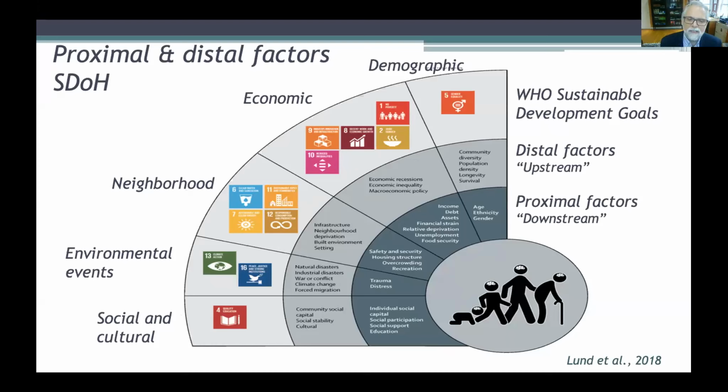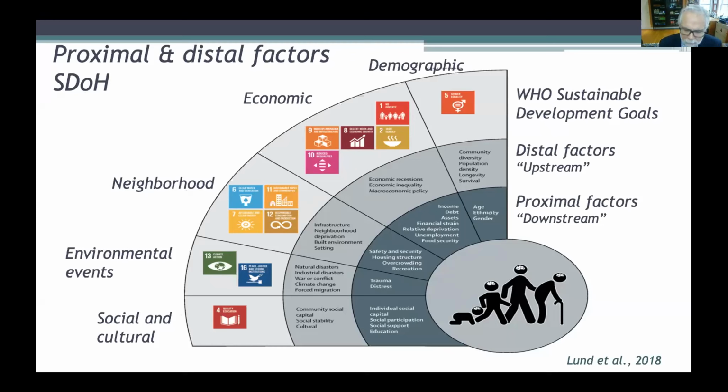And the outermost fringe of this schematic, the one with the colored boxes, relates the different social determinants to different goals within the WHO Sustainable Development Goals, which are UN-based goals that all nations in the world are supposed to sign up for sustainable development. What I will focus you on is, number one, the life course approach, as emphasized by the circle with the different life stages.